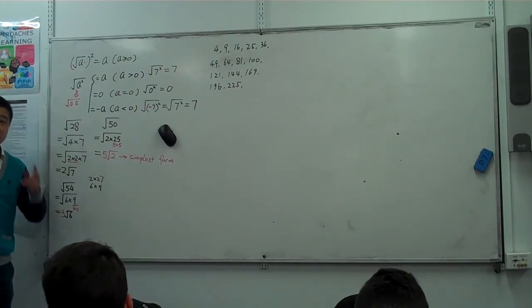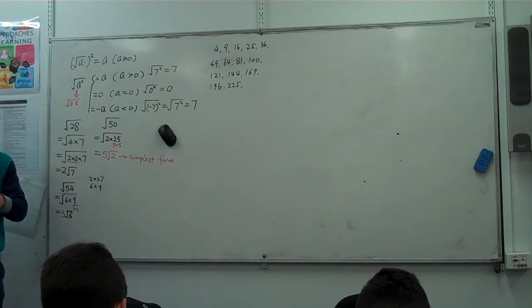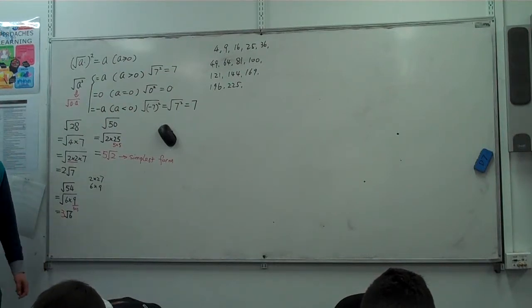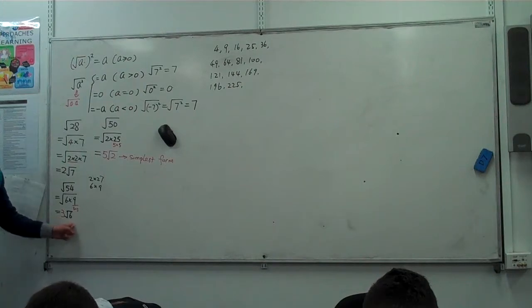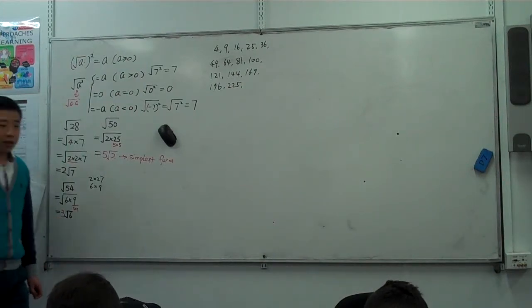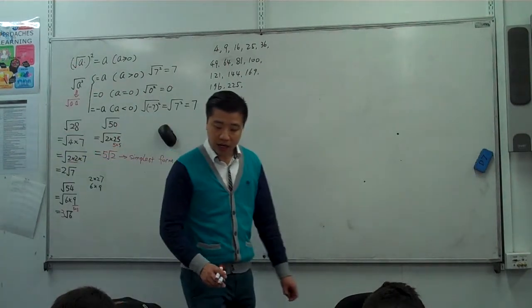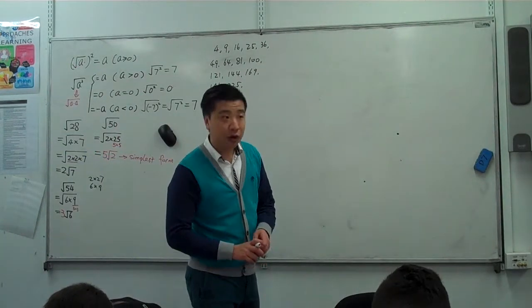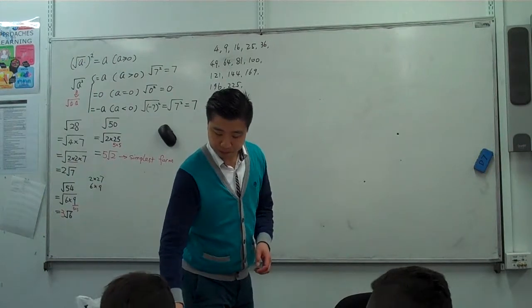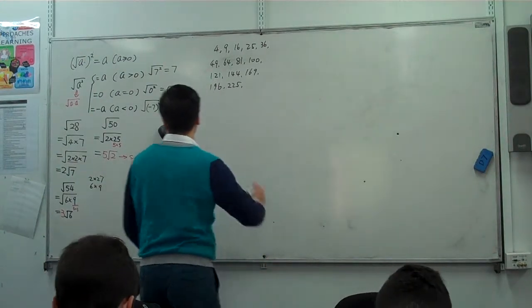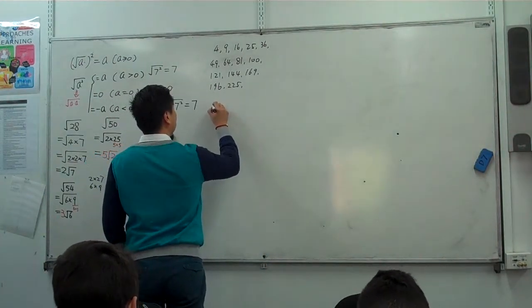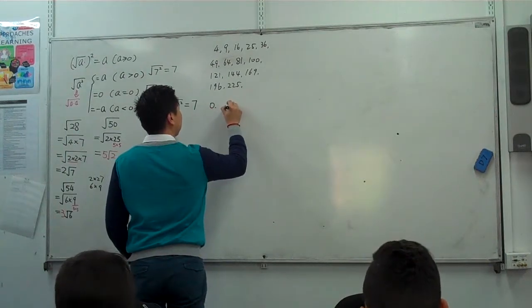No. 6 means 2 times 3, so you cannot have the same number. So this is the simplest form. I want you to do question O.